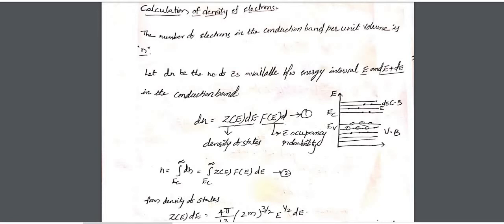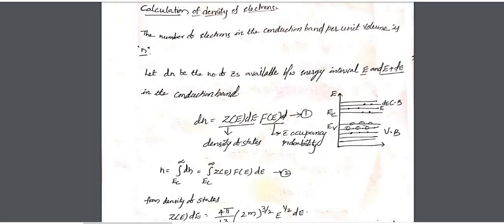dN equals Z of E dE into F of E, where Z of E dE represents the density of states. Density of states means how many energy states are present between E and E plus dE. The next, F of E, represents the electron occupancy probability.